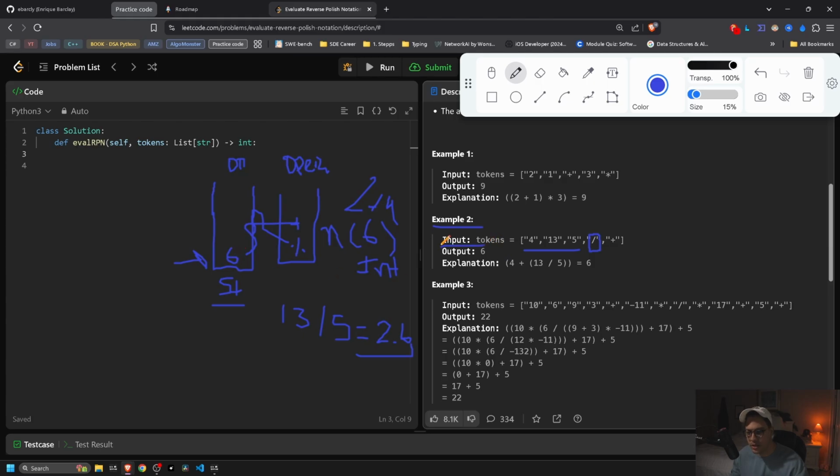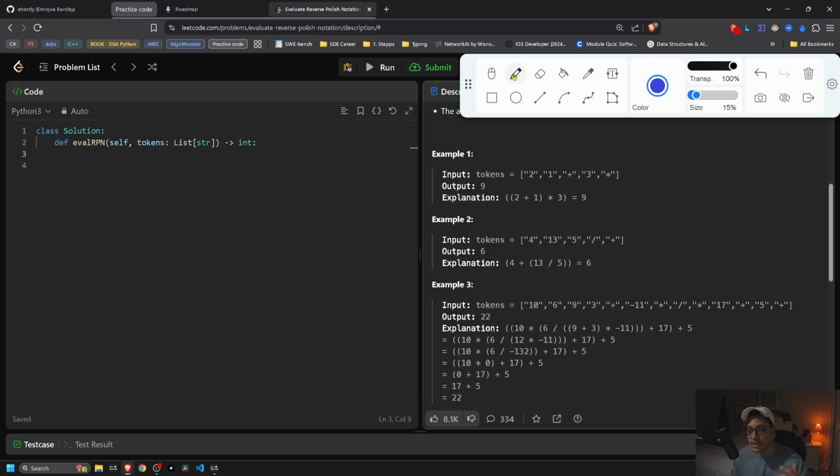Look at the output here, and that's how we're going to do it. Technically, let me delete that so I can explain it. We're going to create 2 stacks, okay? One stack is going to be for operands and another one is going to be for operators, okay? We're going to apply the operator we have here. Let's say we have a plus into operand number 2 and operand number 1, okay?